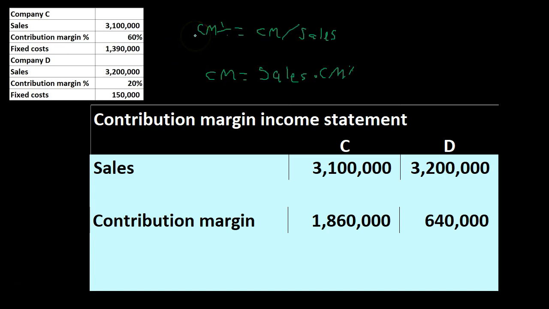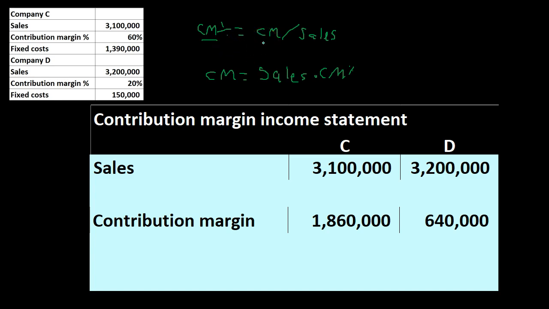In other words, and I know this is ugly, but bear with me here. If we say the contribution margin percent, that's what we typically think of. We're going to calculate the contribution margin percent as the contribution margin here divided by sales there, and that's going to give us the contribution margin percent. But in our question, of course, we already had the contribution margin percent, and we didn't have the contribution margin amount.